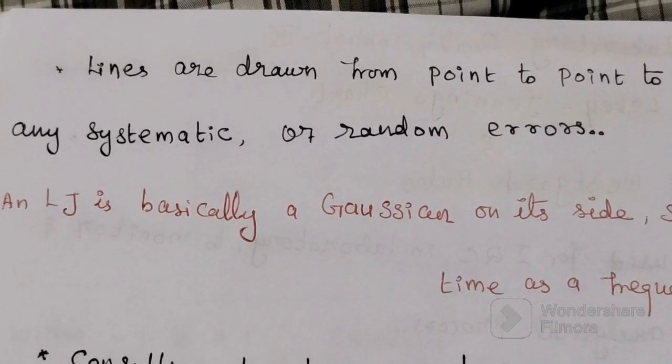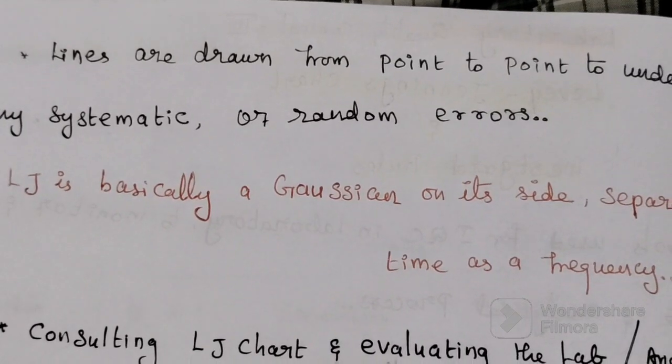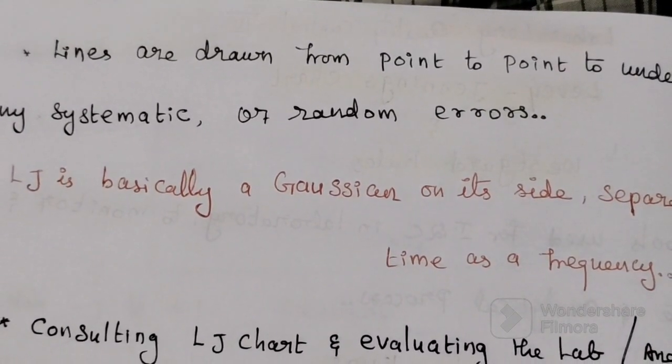Lines are drawn from point to point to understand any systematic or random errors.